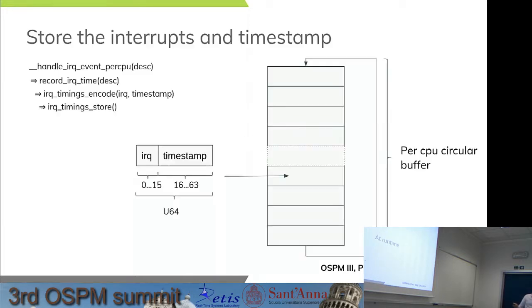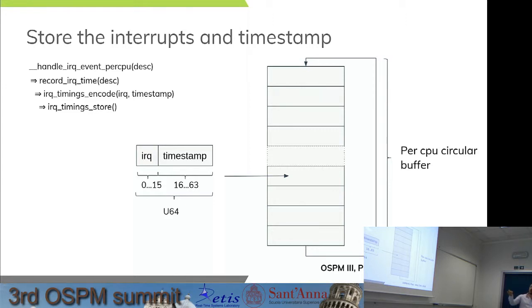At runtime, we have one entry point to read the interrupt number and the timestamp. Then we record. We encode this value on a 64-bit basis. We don't need more than 48 bits for the timestamp, and we encode the IRQ.